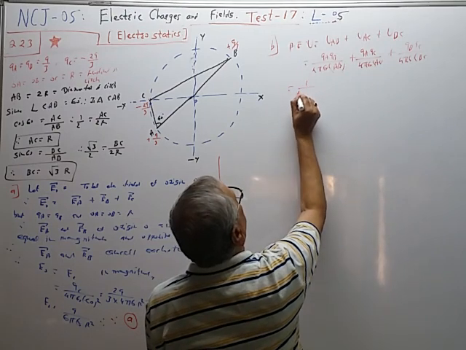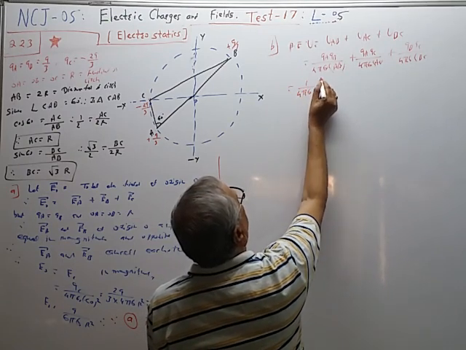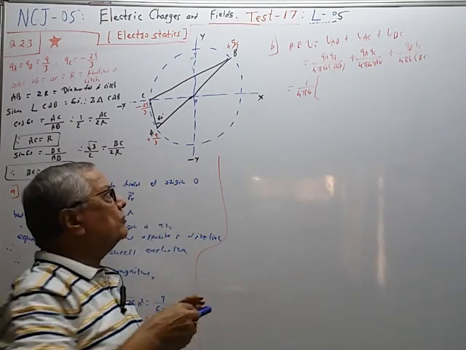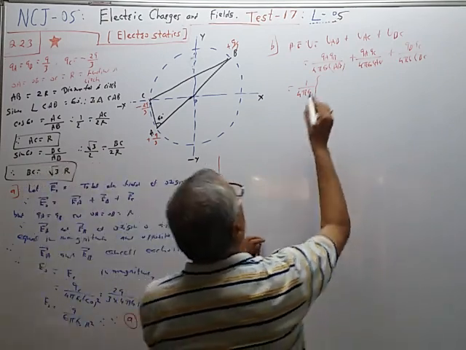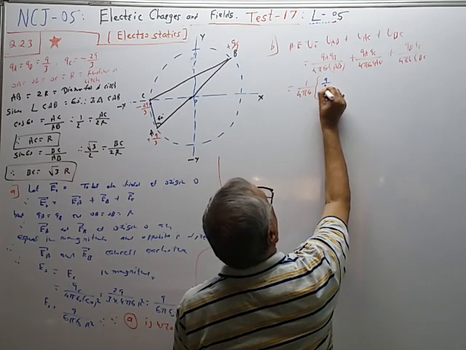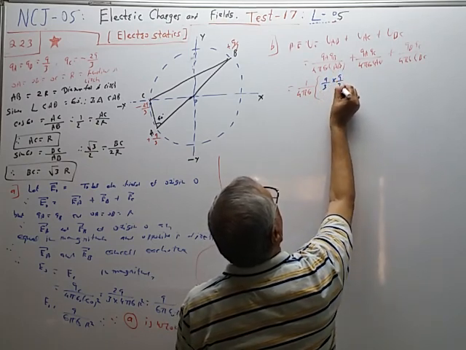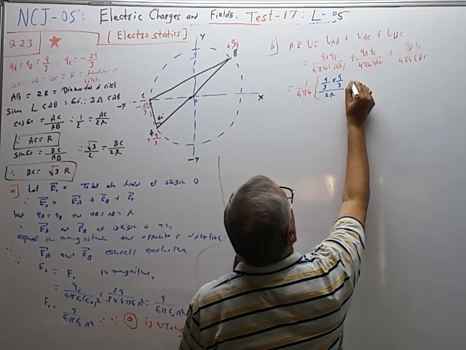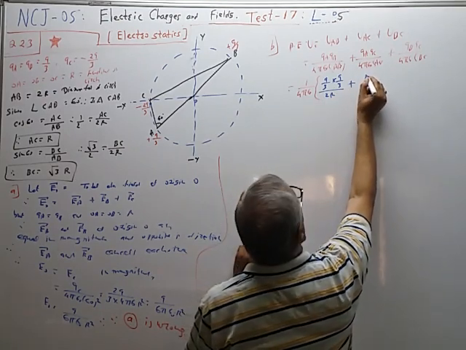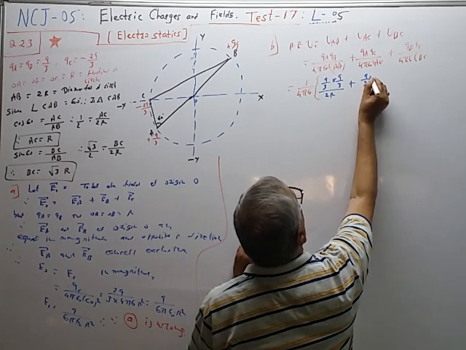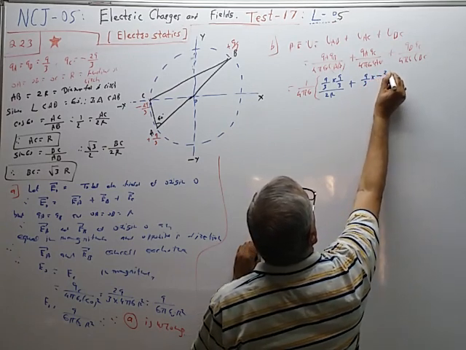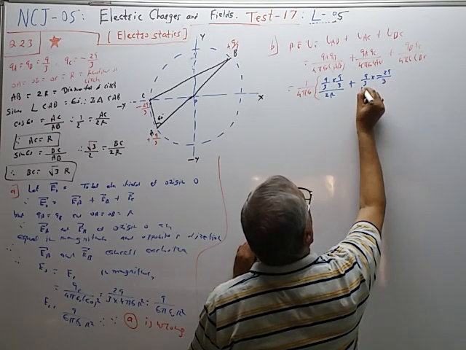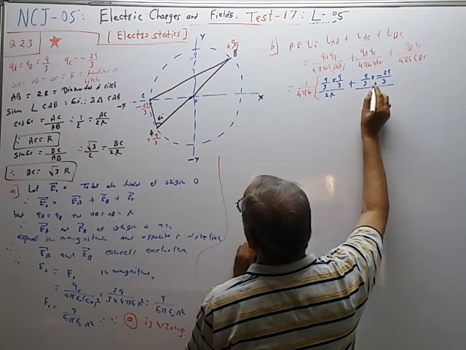So 1 upon 4 pi epsilon naught common into bracket. Now substitute the values. QA, QB, Q by 3 multiplied by Q by 3 upon 2 times R, plus QA is equal to Q by 3 multiplied by minus 2Q by 3 upon AC.